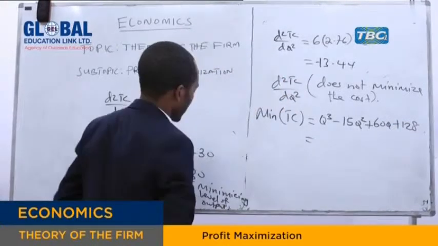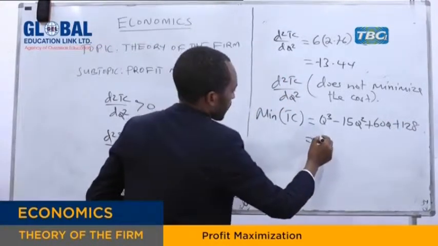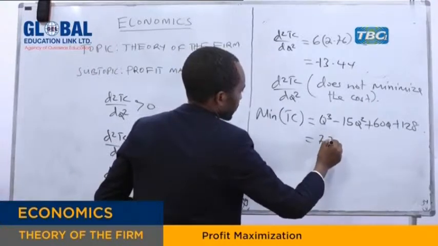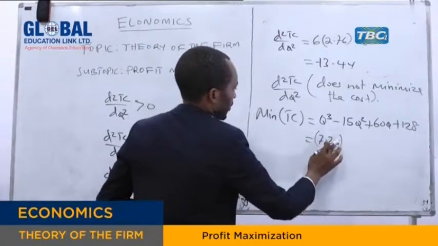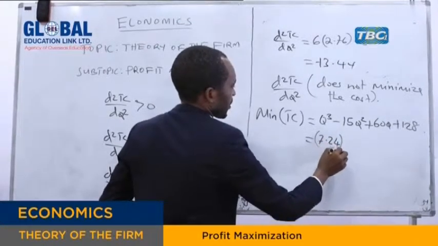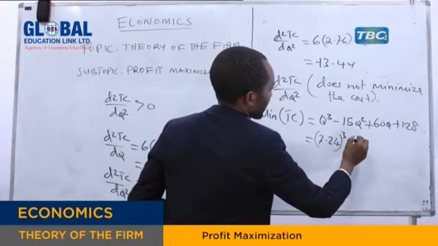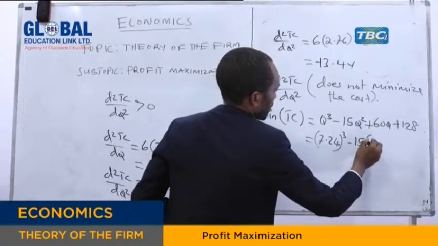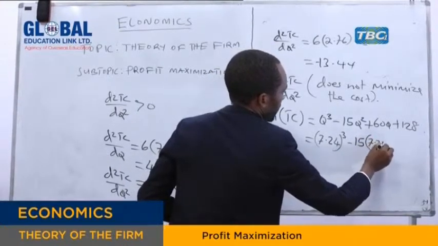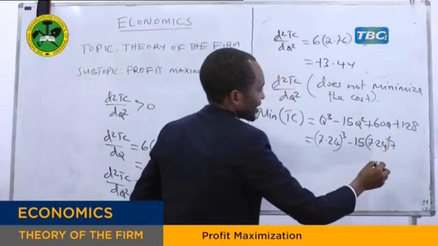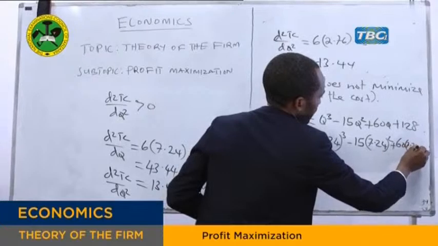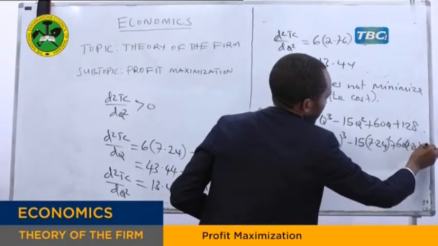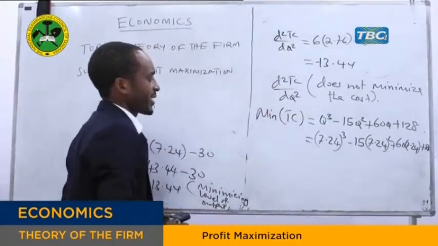So when you substitute the value 7.24, it will be 7.24 cubic minus 15 times 7.24 square plus 60 times 7.24 plus 128.